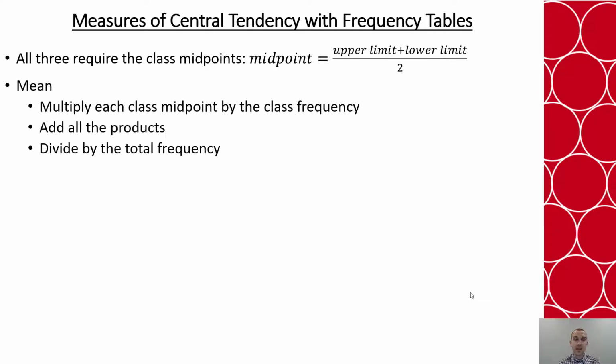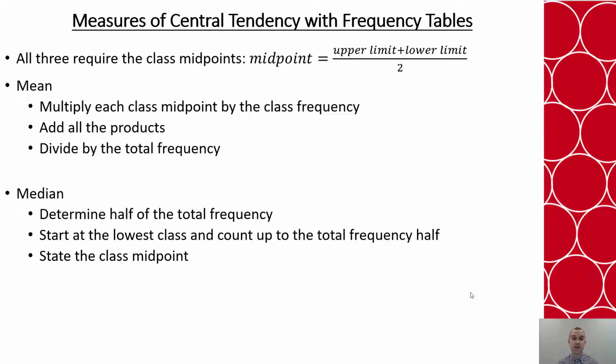Now to find the mean, I take my midpoint and multiply it by each frequency. I add up those values, and then I divide by the total frequency, in other words, the total number of entries. So I have to use the midpoints times the frequencies, add it up, divide by how many entries there were.